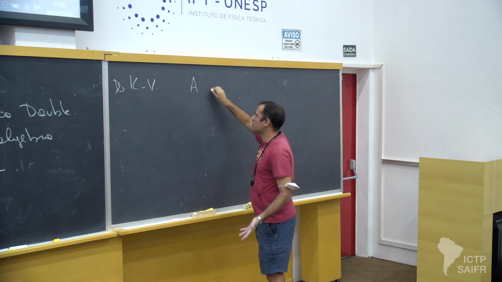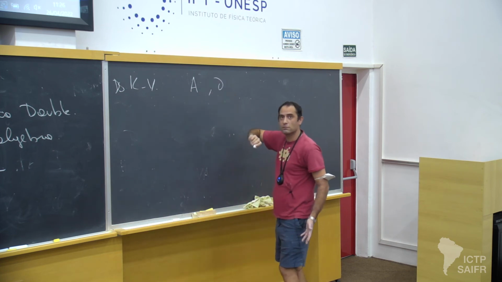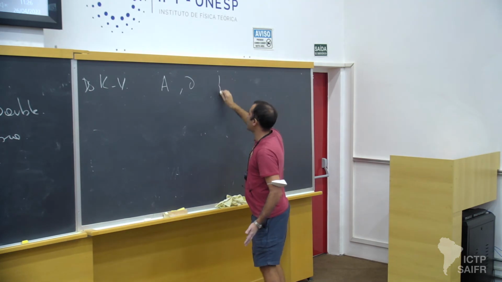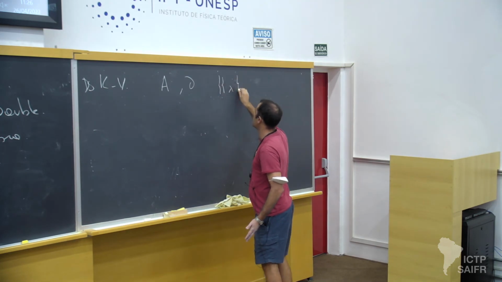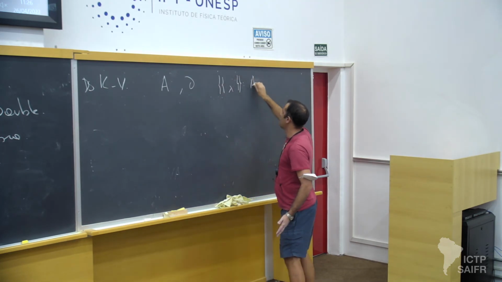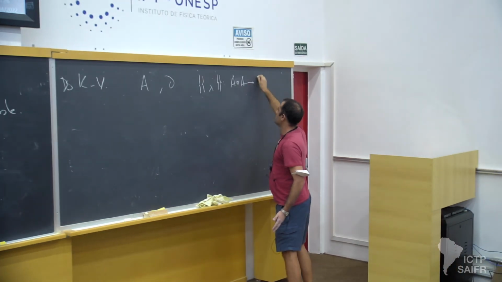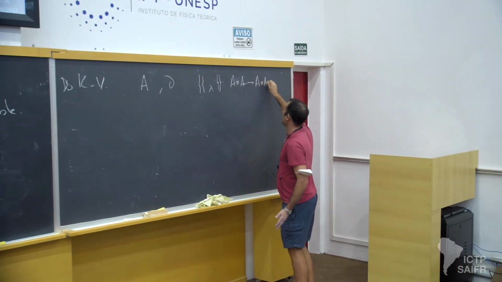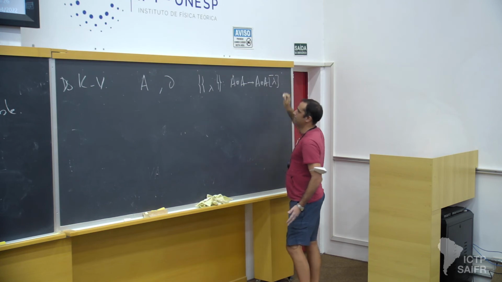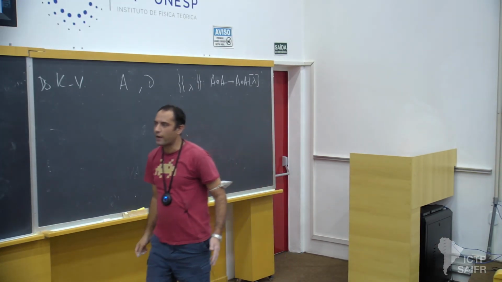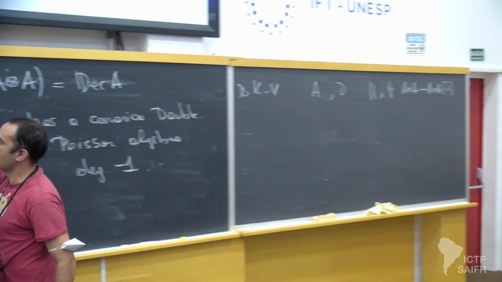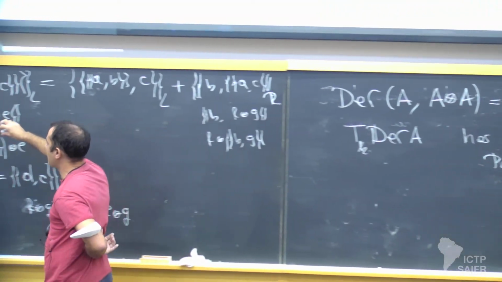What is the extra datum that you need? You need a derivation. And now the bracket, instead of being a bracket, is going to be a lambda bracket that goes from A tensor A to A tensor A, polynomials in lambda. And then you modify the Jacobi condition so that you have lambdas.